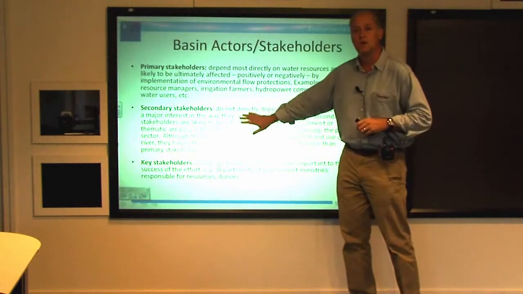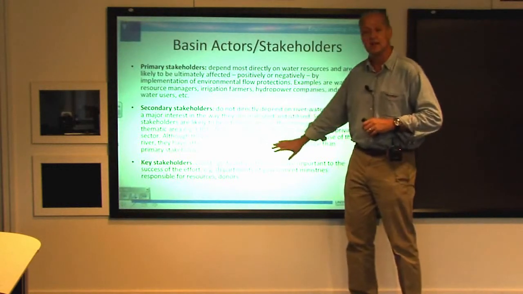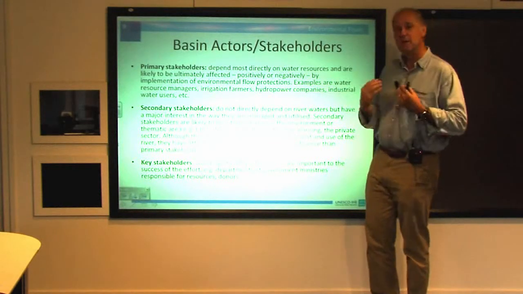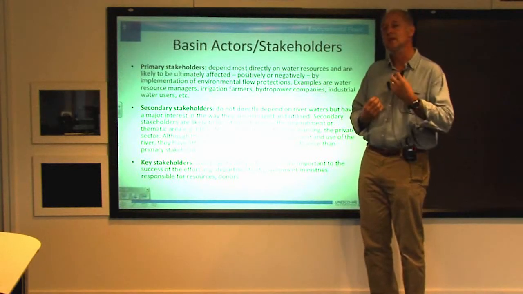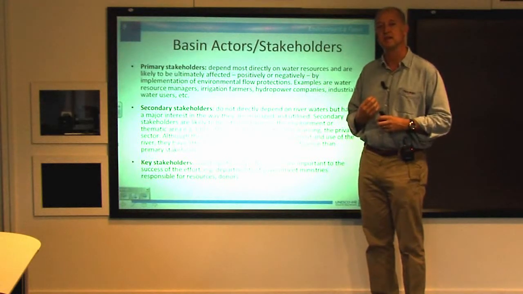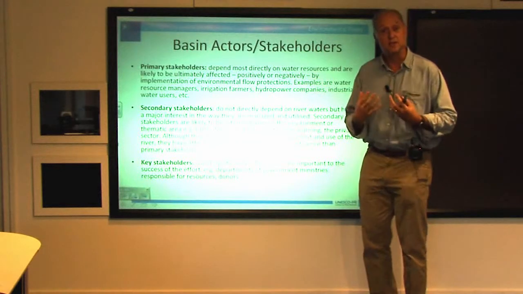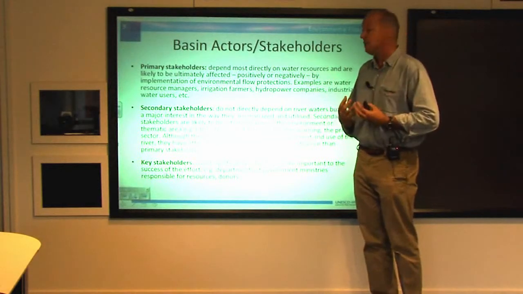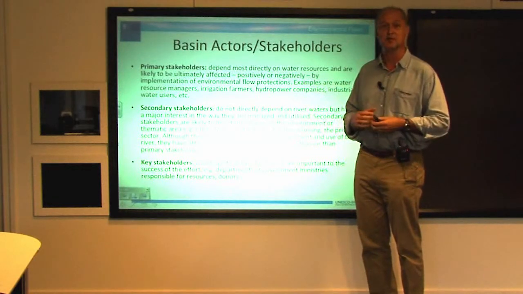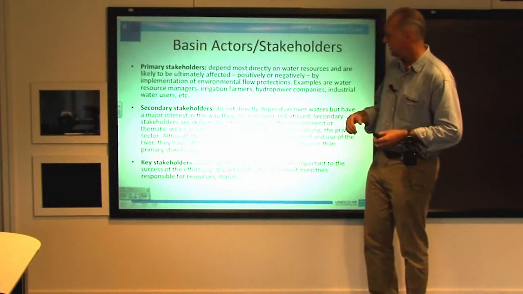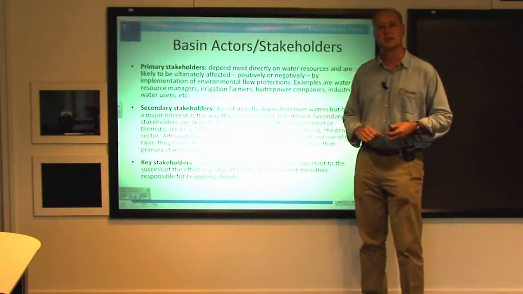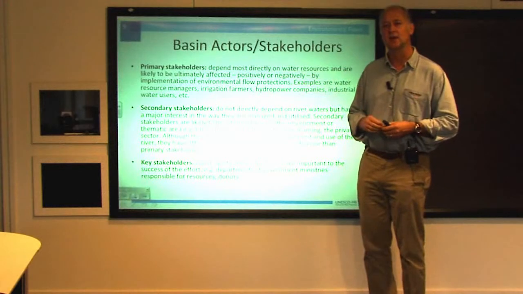And then there's a world of secondary stakeholders that are not directly dependent on the resource. They may not necessarily have direct responsibilities for the management of that resource, but they're interested. They're interested because of the ramifications for health or security in communities, the welfare of people living in the basin. So NGOs and community-based organizations often fall into this category.